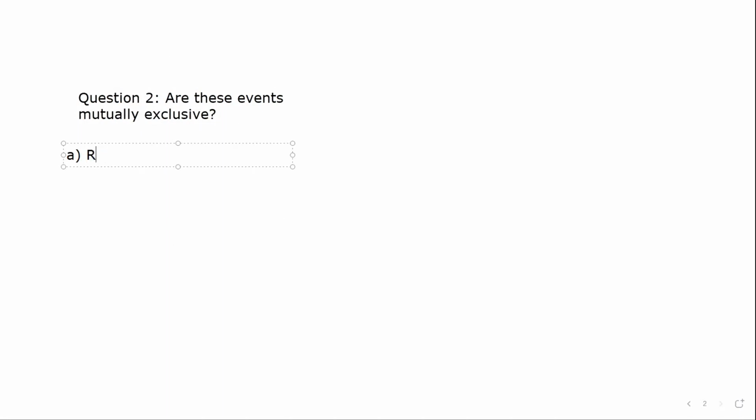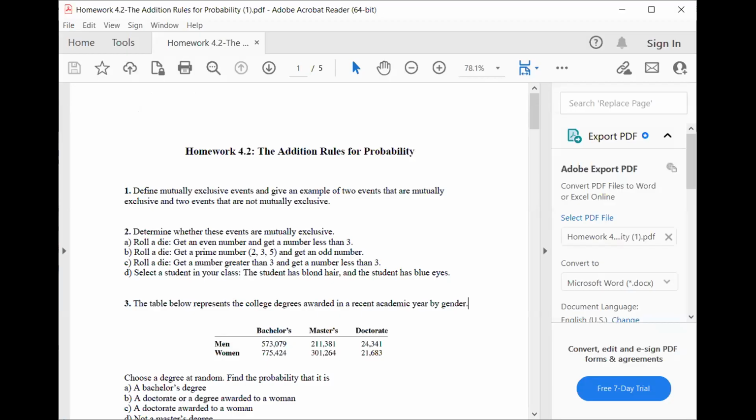Question 2. Are these events mutually exclusive? Well, let's see. A says, rolling a single die, and we want to find out if it's getting an even number and a number less than 3.